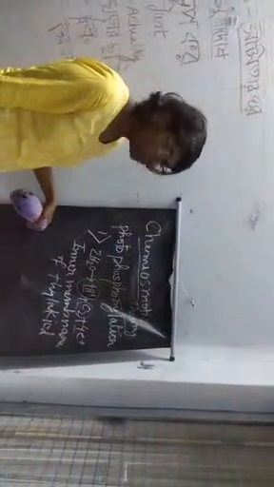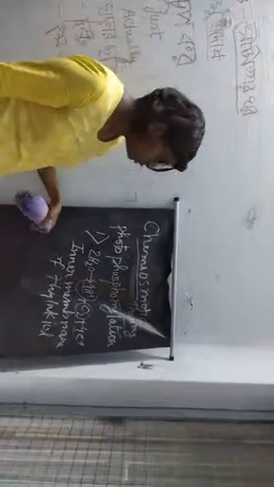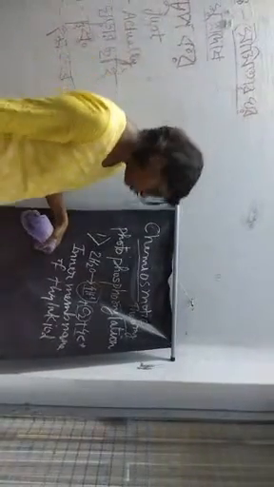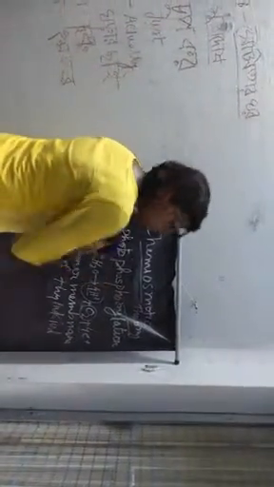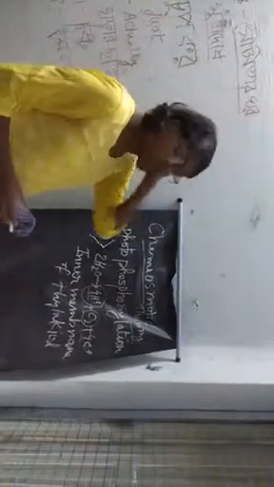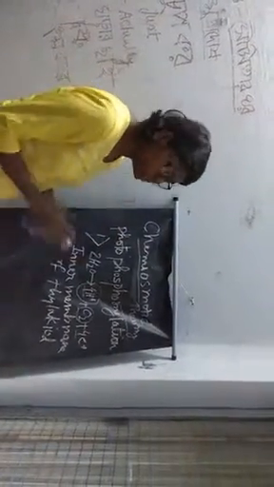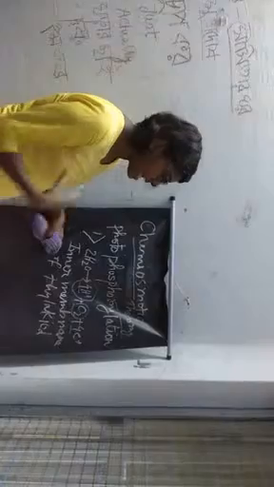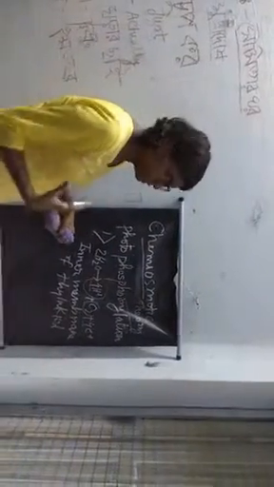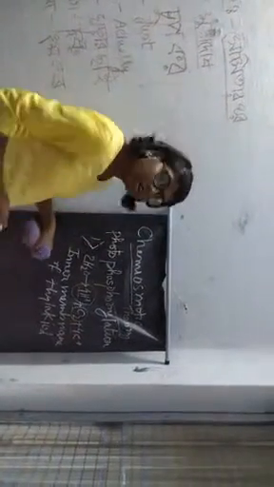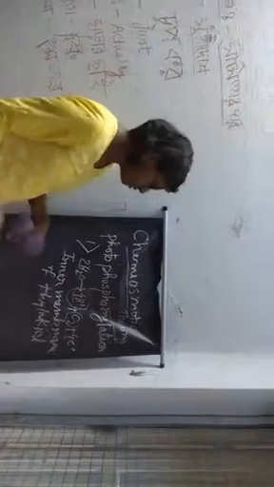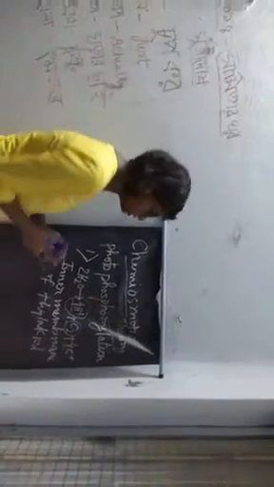We will see how these protons help in the generation of ATP, but first let's talk about this accumulation of protons in the lumen. So this is the first way by which protons are accumulated in the lumen.